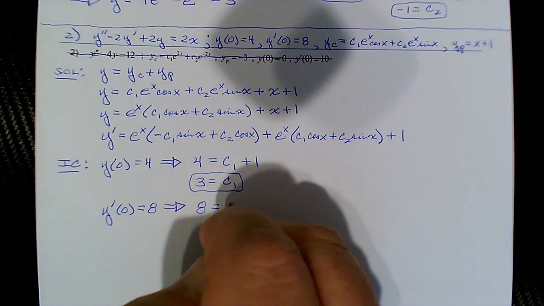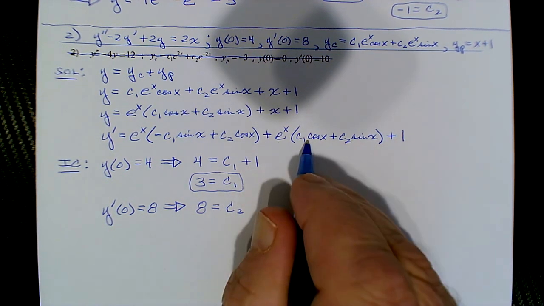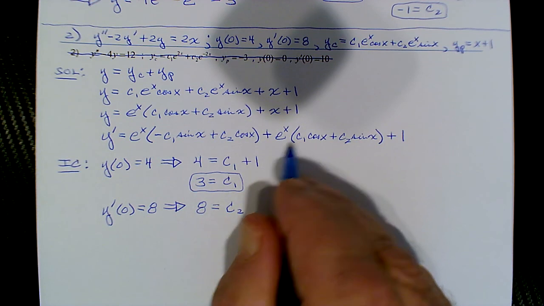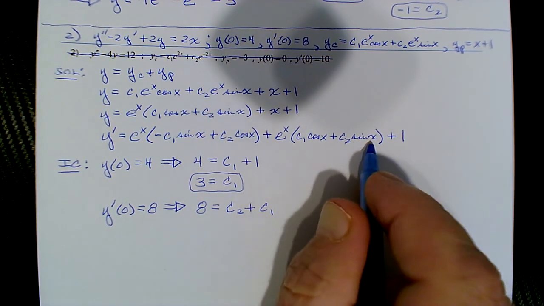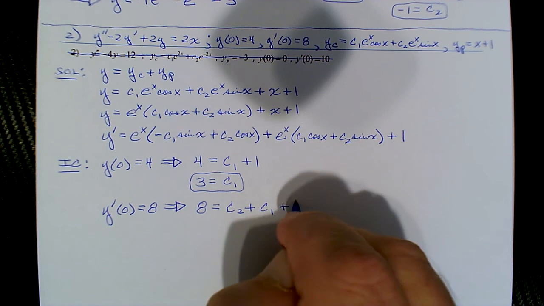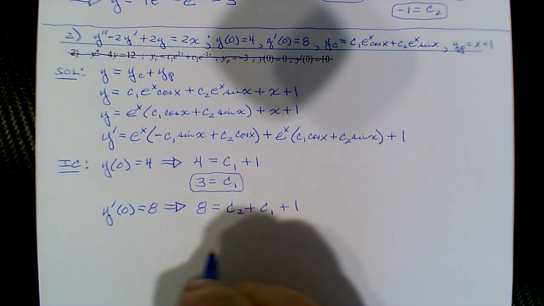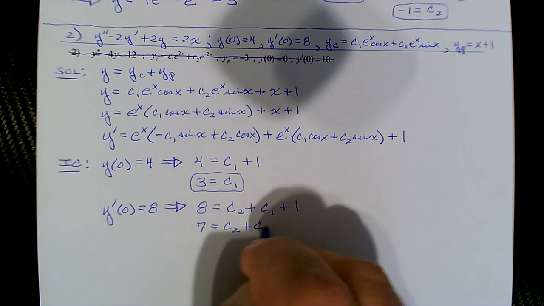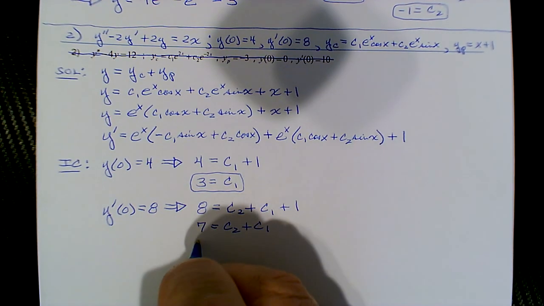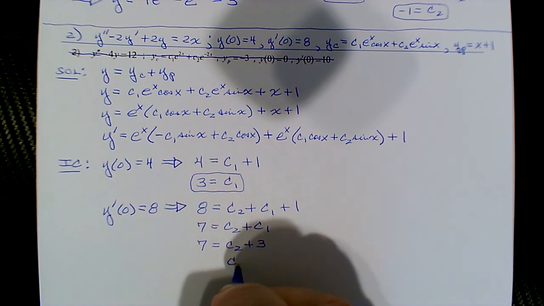And then for this term, cosine of 0 is 1, so the c1 stays, and the c2 goes to 0, but don't forget we got this plus 1. So then we have that 7 is c2 plus c1, but we already know c1, so 7 is c2 plus 3, and c2 is 4.